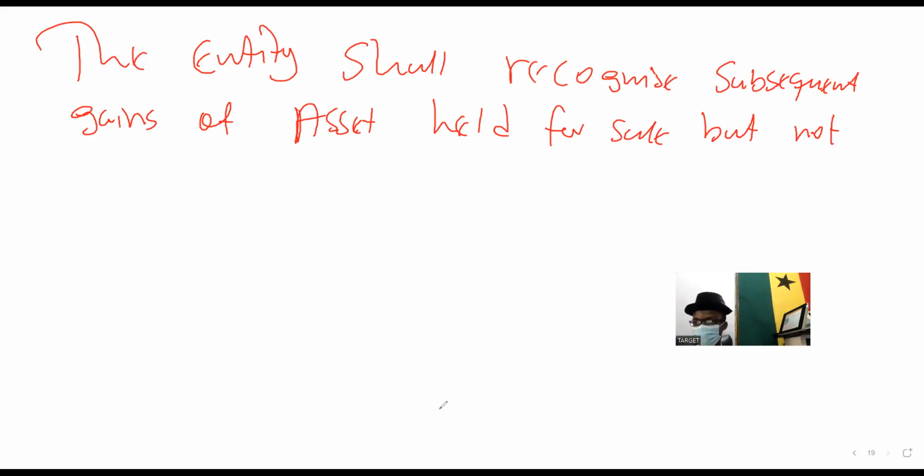That side is where you have to take notice. Let me slow down. But not in excess of its cumulative impairment loss.